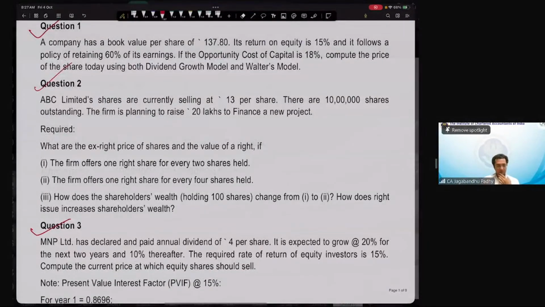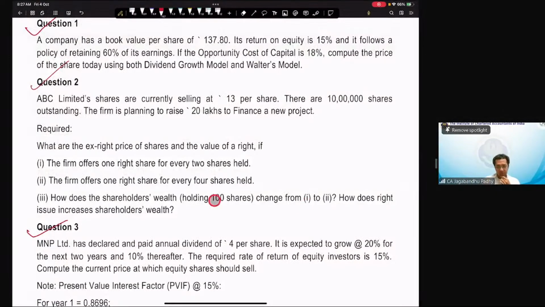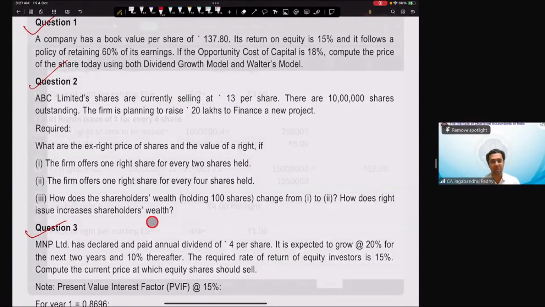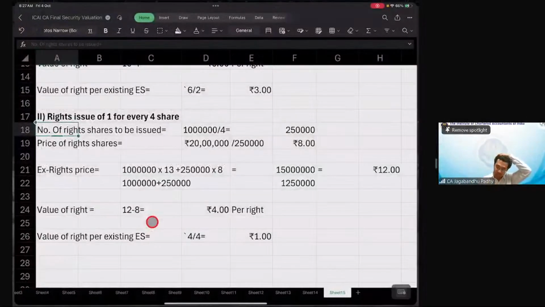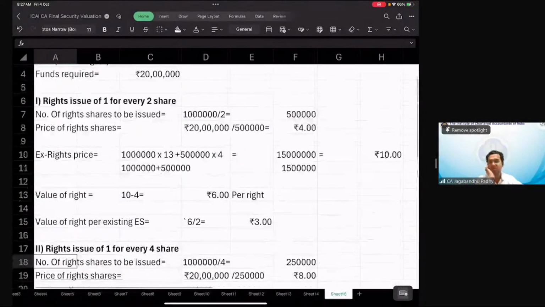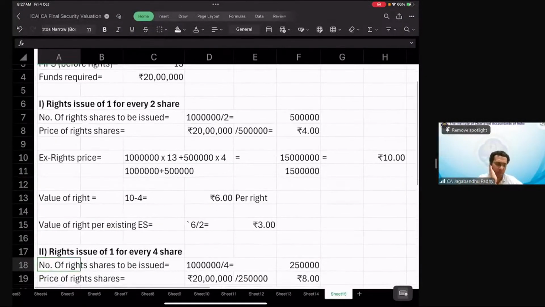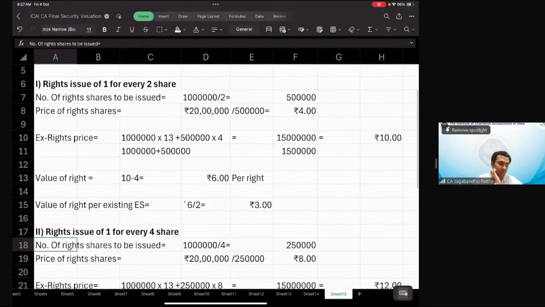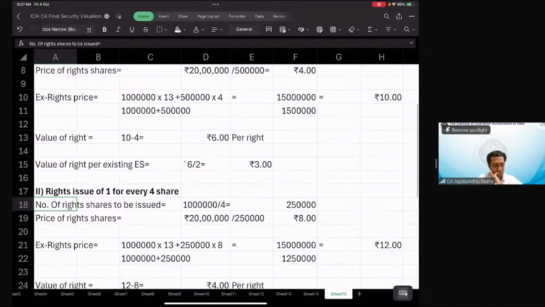How does the shareholders' wealth, holding 100 shares, change from 1 to 2, and how does the rights issue increase the shareholders' wealth? So what is the impact on the shareholders' wealth when the company offers right shares, as per one right share for every 2 shares, and one right for every 4 shares?